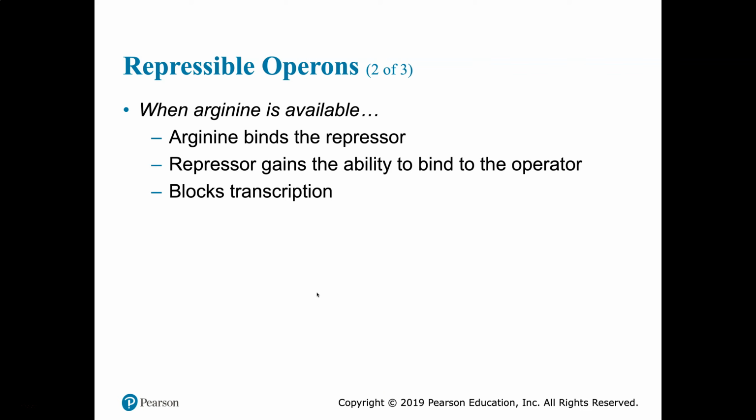So these are some of the steps. Arginine binds to the repressor. So when arginine is available, you have a lot of arginine. The product can actually activate what we call a repressor. So arginine can activate a repressor. Repressor is a protein typically.